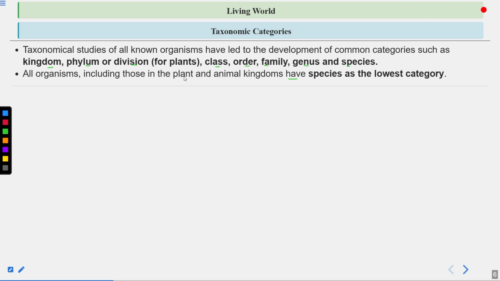Now, if you talk about plants and animals, the species is always the lowest category and kingdom is the highest category. So you can see the hierarchy here. Species is the lowest category, the lowest level or the lowest rank, you can say.